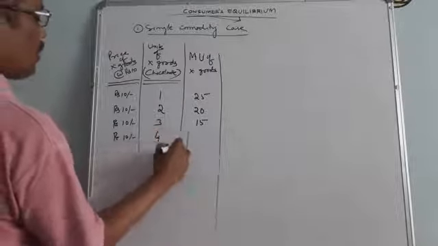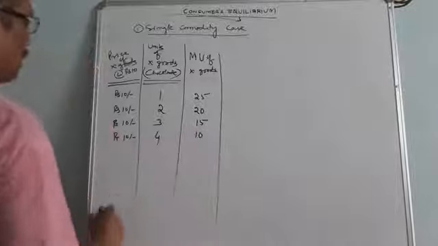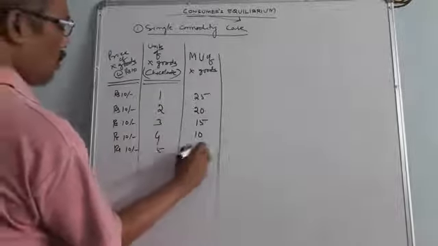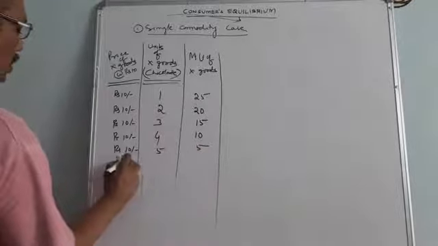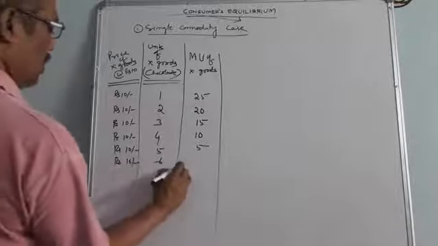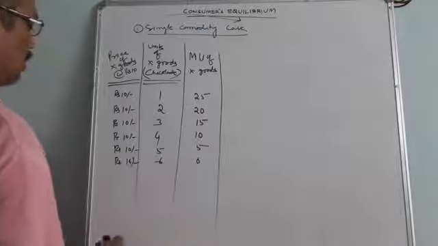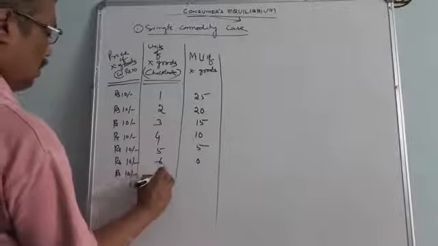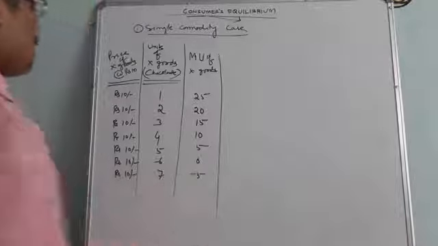For the fourth unit, it will be 10. For the fifth unit, it will be 5. For the sixth unit, it will be 0. And for the seventh unit, it will be minus 5.